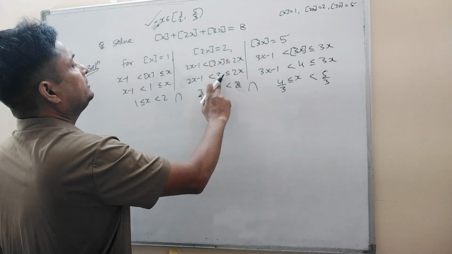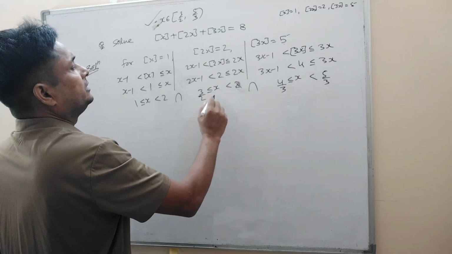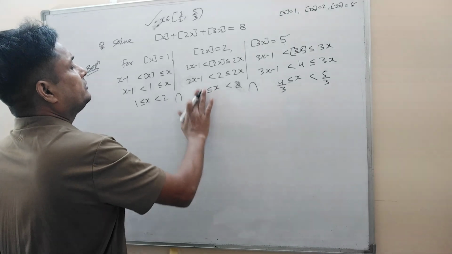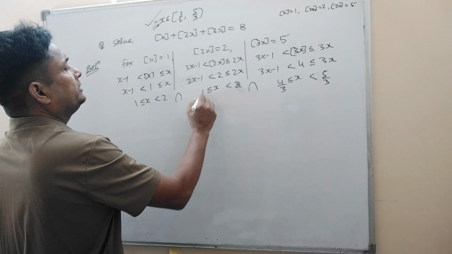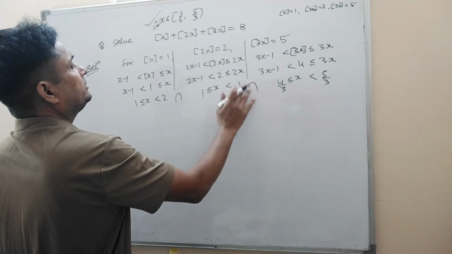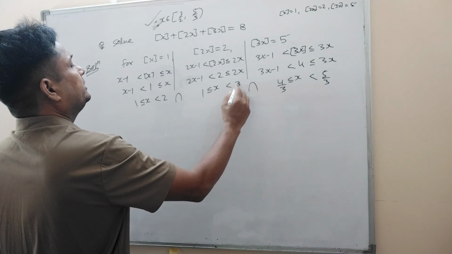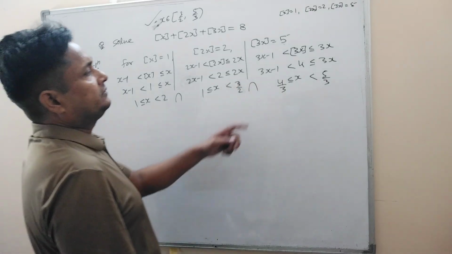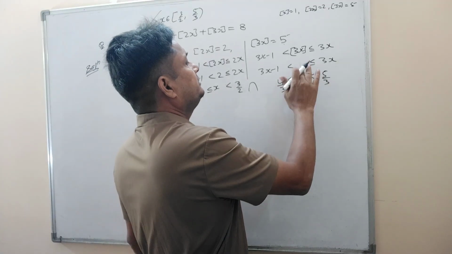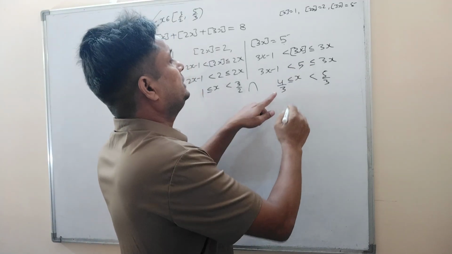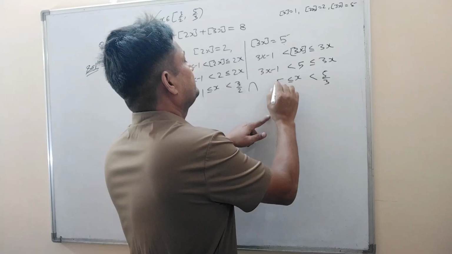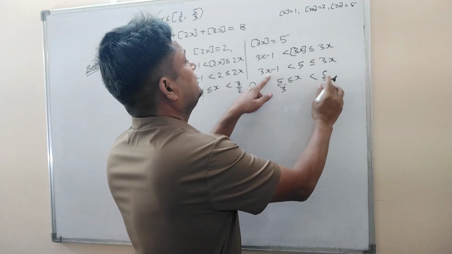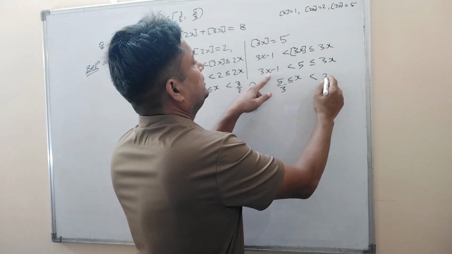For the second one, substitute here 2. Then what will be the possible value? It will be 1 and this will be 3 by 2. Substitute here 5. Then this will be 5 by 3 and this is less than 2.